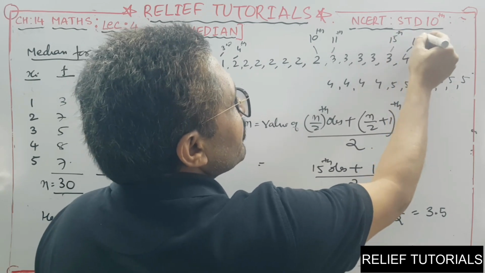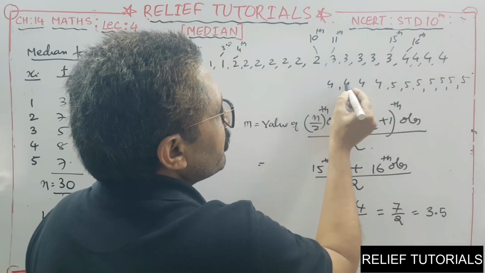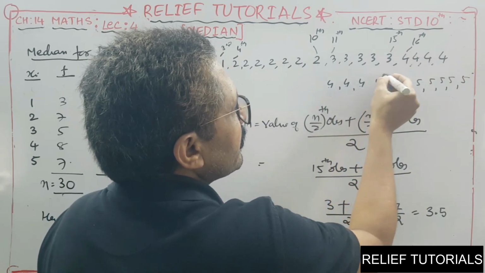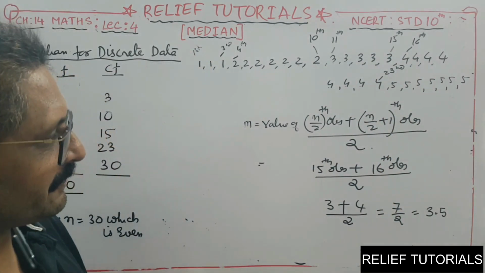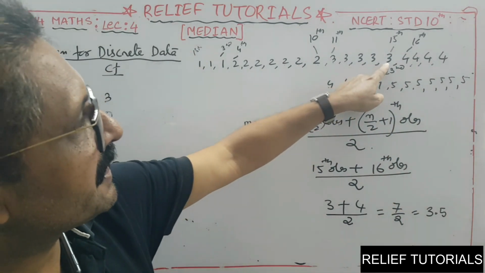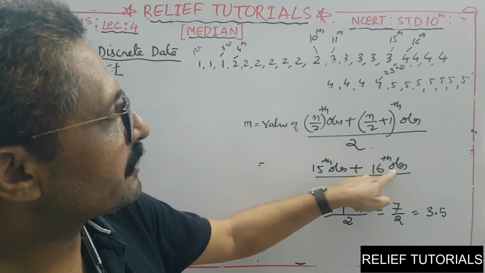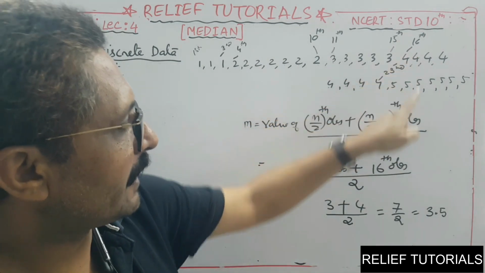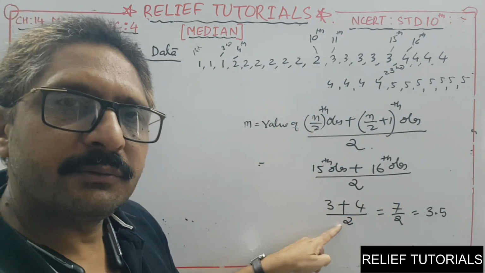This is the 16th observation, 17, 18, 19, 20, 21, 22, 23rd observation. Have you got it? Now see which is the 15th observation. The 15th observation is 3, so I have taken 3. The 16th observation is 4, so I have taken 4. 3 plus 4 divided by 2.